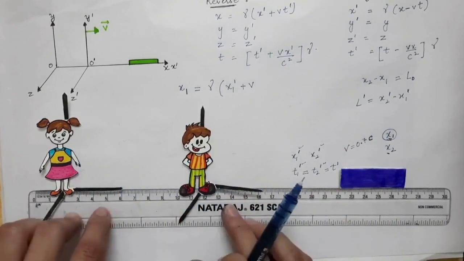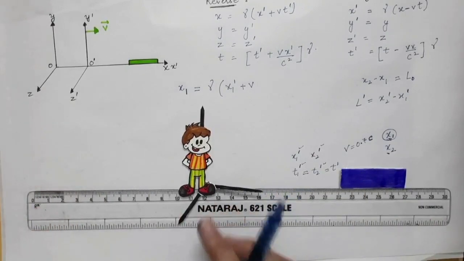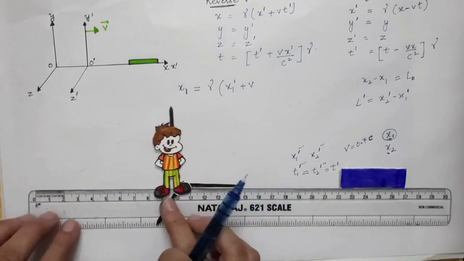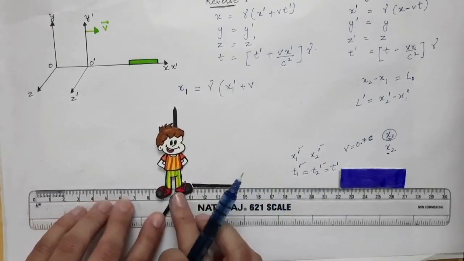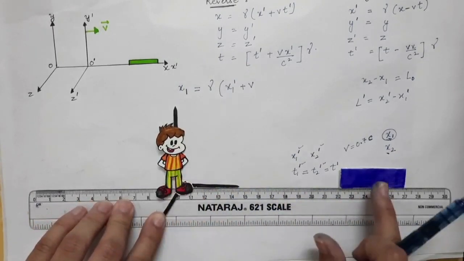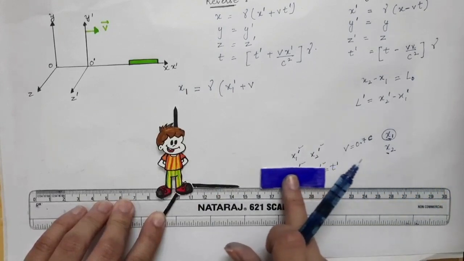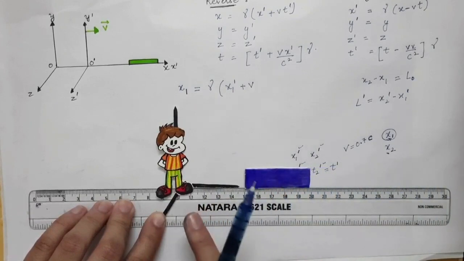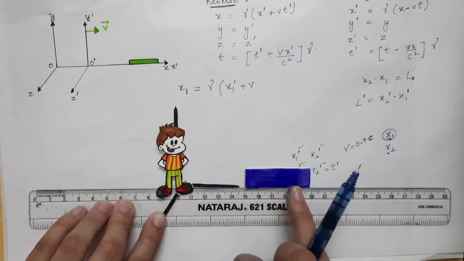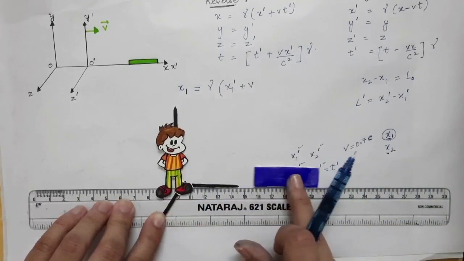But if you take the frame of reference of your friend, your friend was moving in this direction, but according to your friend the object will be moving closer to him. So in the frame of reference of your friend, the object will be moving in this direction.